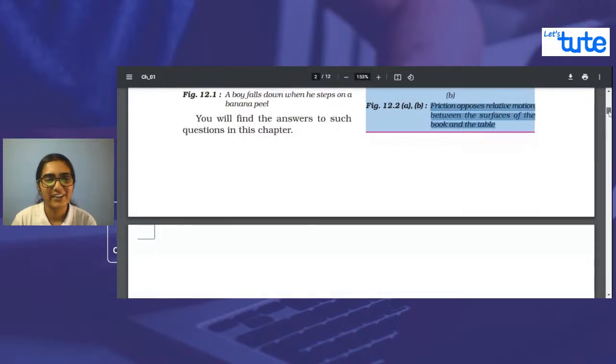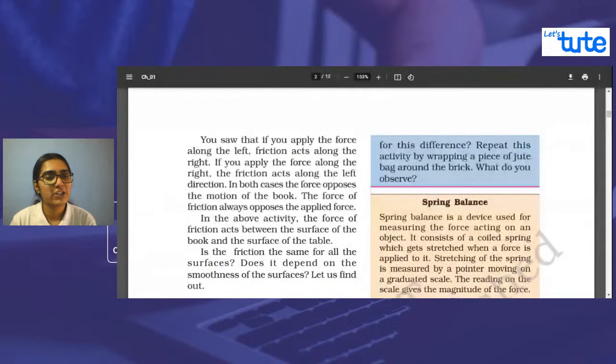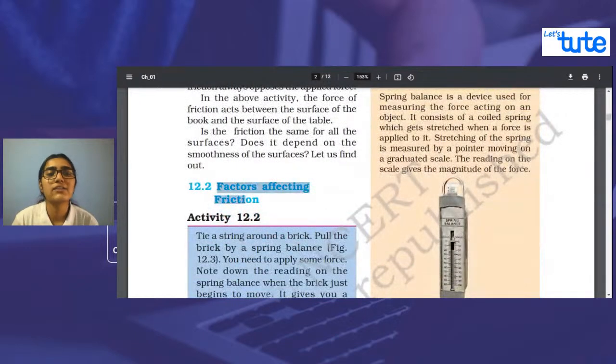Now, after that, here comes another important question. What are the factors affecting friction? So, the force of friction acts between surfaces. We figured that out. Friction acts in the opposite direction. Now, what are the factors affecting friction? Whoever is watching this video, remember it is an important question that comes in your exam. It's a very common question.